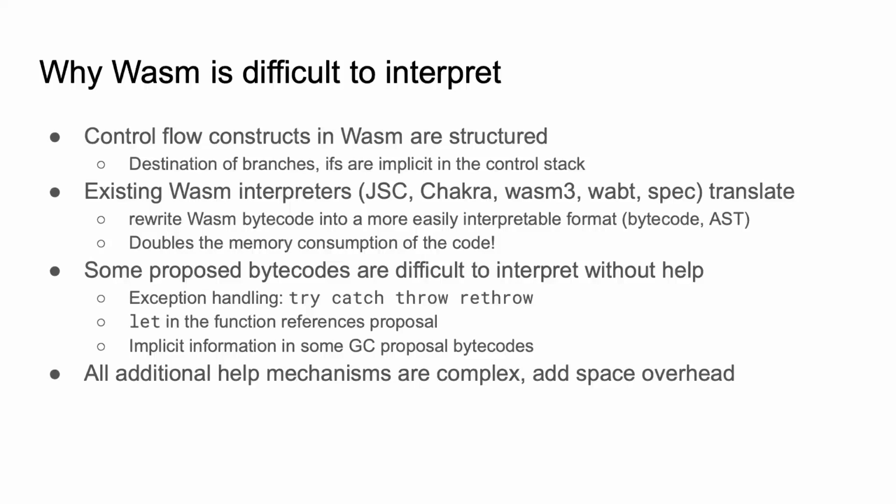So, question. Yeah, go ahead. I might be stupid. I don't understand why the structured control flow is so hard to interpret. I feel like you're going to have a register that's going to say, this is the place where if you branch to, or this is what the join point is. It's basically like you have a little stack in the interpreter that tells you where the structured control is.